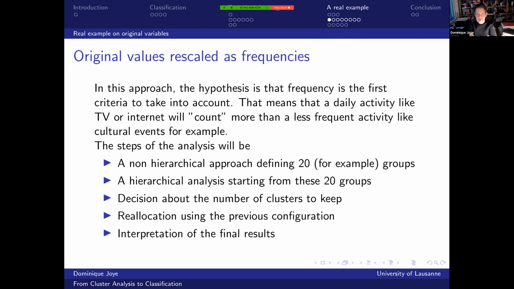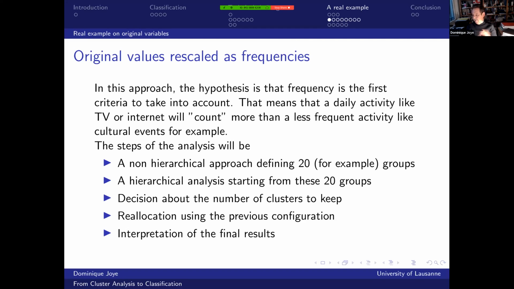The solution that I propose is the following. First, it is impossible to do a hierarchical analysis with 30,000 cases. So I will probably begin with a non-hierarchical analysis, but with a big number of clusters, in this case 20. Then I will do a hierarchical analysis from these 20 until they are completely together.